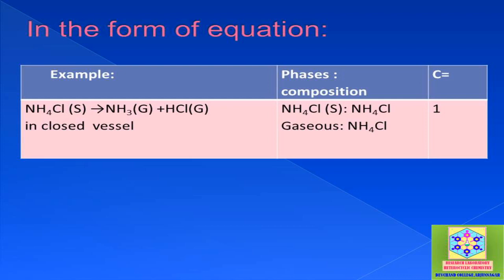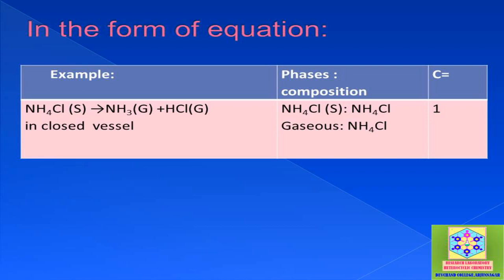A very peculiar example is that of the system which has ammonium chloride solid heated in a closed vessel. If ammonium chloride solid is heated, it gets sublimed and converted into ammonia and hydrochloric acid gas.